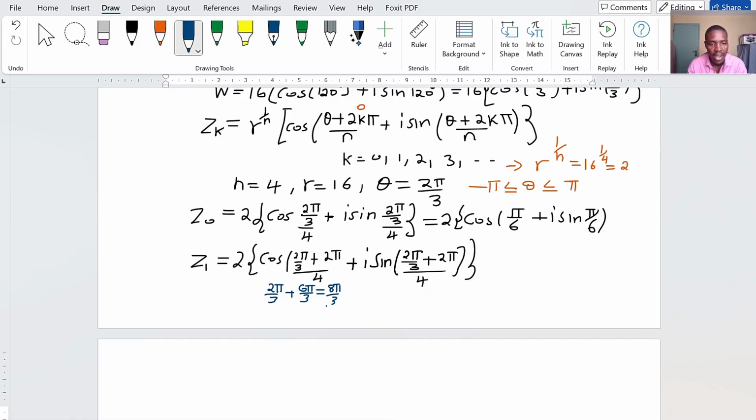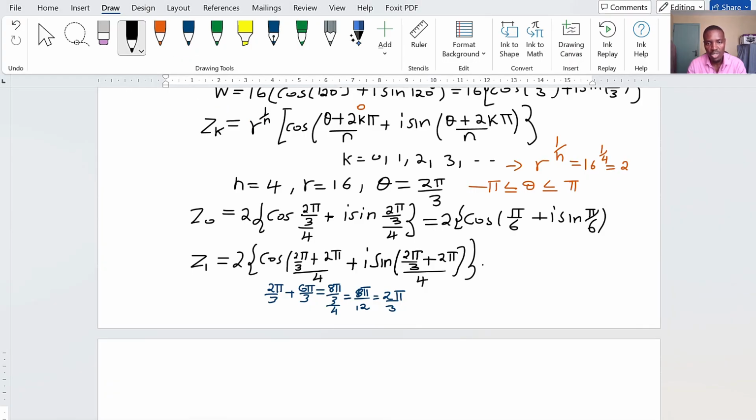And then this 8 pi over 3, you divide by 4 again, which gives you 8 pi over 12. You simplify this. 4 goes into 8 2 times, then 4 goes into 12 3 times. So it is 2 pi over 3.